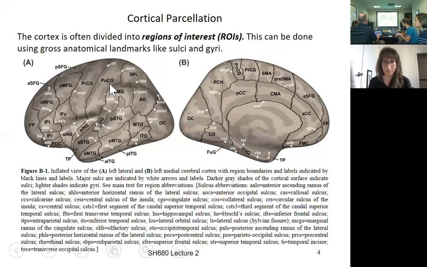Together, these two, precentral and postcentral, are called Rolandic cortex. A little history on that: the central sulcus is also called the Rolandic sulcus, named after Roland, and Rolandic cortex is the cortex on either side of it. The reason these are often referred to as a single thing is it's hard to differentiate the function between the two of them.